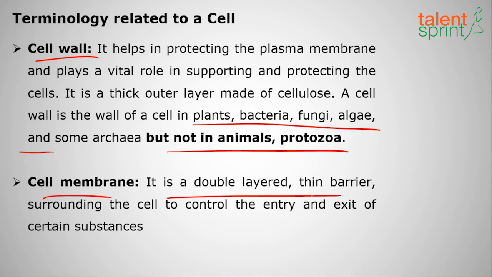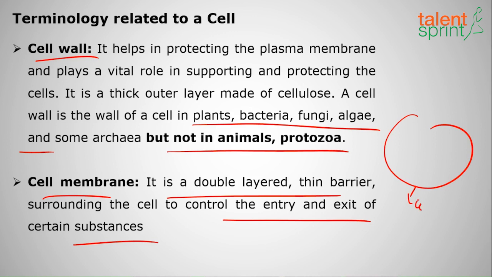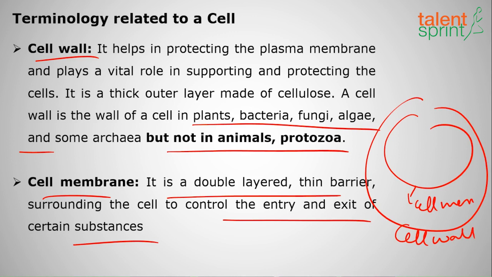Every organism has a cell membrane, but not every organism has a cell wall. Remember this. The membrane prevents unwanted entry and exit, which is why we need the cell membrane. This is the cell membrane, again covered by a cell wall. The cell wall is present only in plants, bacteria, fungi and algae, but not in animals and protozoa.